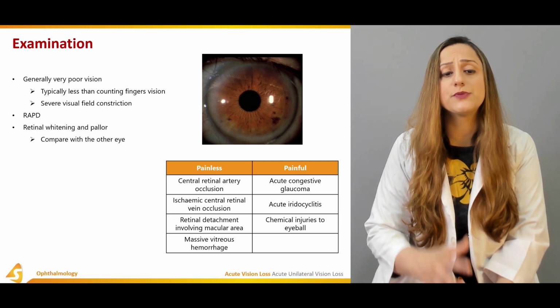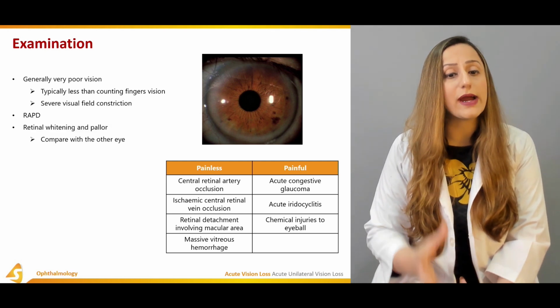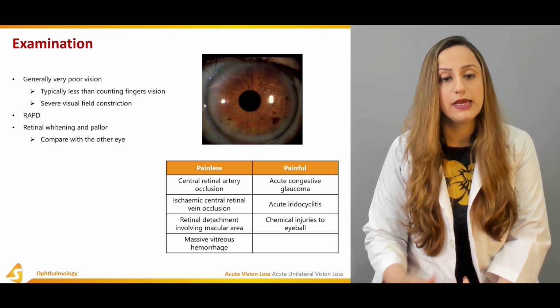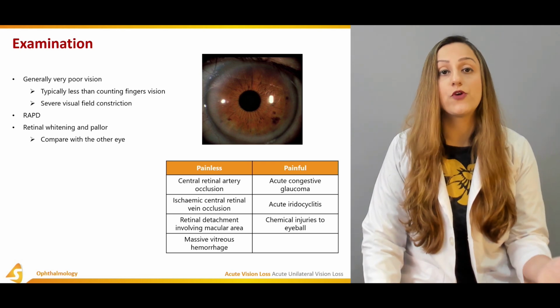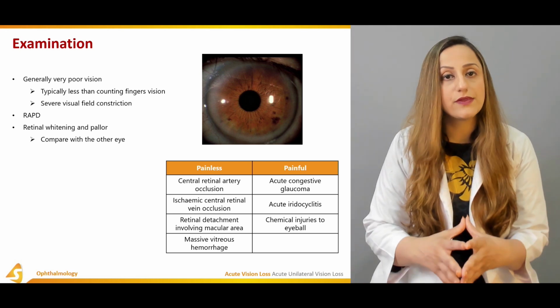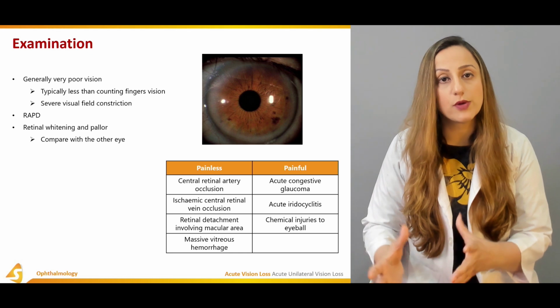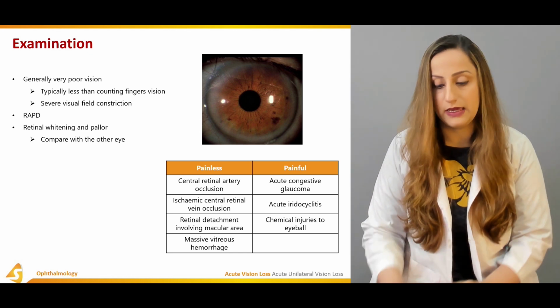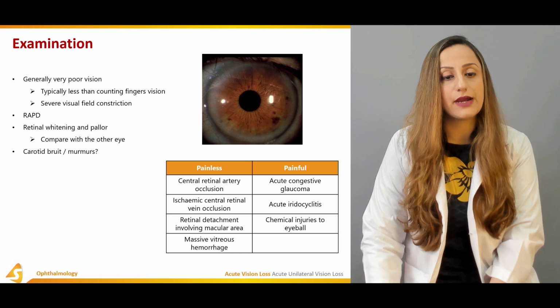RAPD, that is the relative afferent pupillary defect, and retinal whitening and pallor are observed when you perform fundoscopy. Compare with the other eye to know the difference between the normal and the affected eye. So this is how you carry it out.